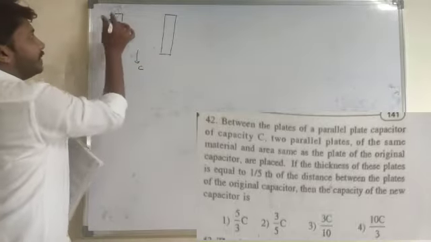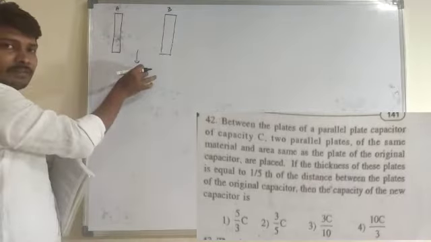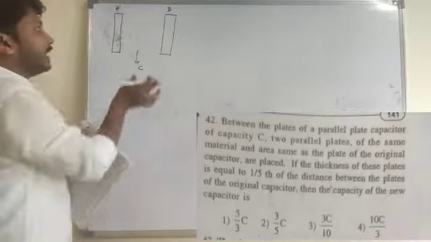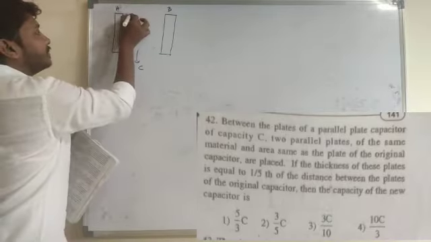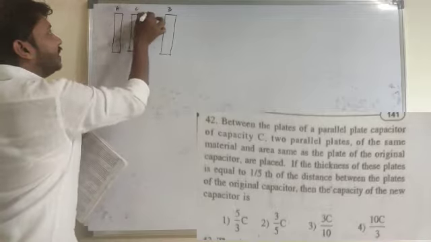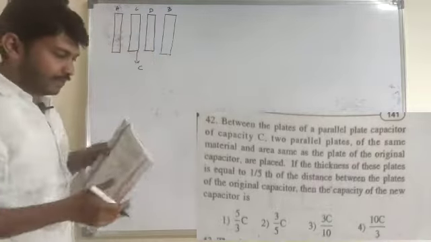So the initial plates are A and B, and between them the capacitance will be C. Now I will consider two more plates, C and D, placed parallel here.